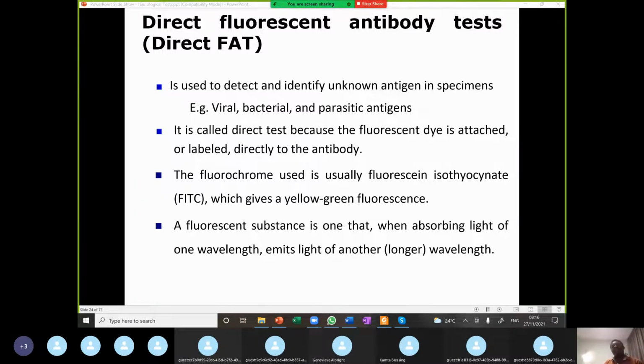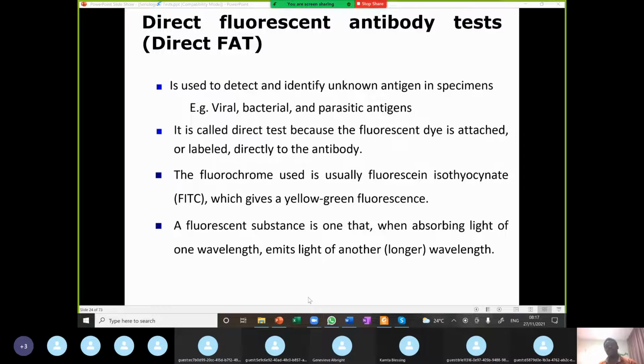So in the direct test, as I indicated earlier, the fluorescent dye is attached or labeled directly to the antibody that is specific to the antigen we want to test. And we can now observe this binding under a fluorescence microscope.